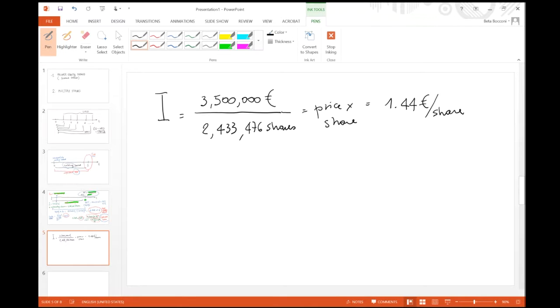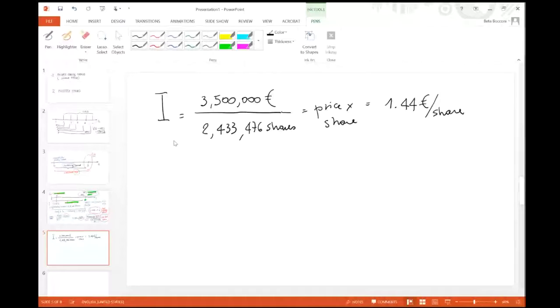And now it is easy to understand that the two values that we have to calculate are the post-money valuation, the value of the company after the capital increase has been executed, and the pre-money valuation. Please notice the pre-money valuation intuitively is the value of the outstanding shares that the existing shareholders own before the capital increase is launched, based on the valuation corresponding to the round of financing, 1.44 euro per share.